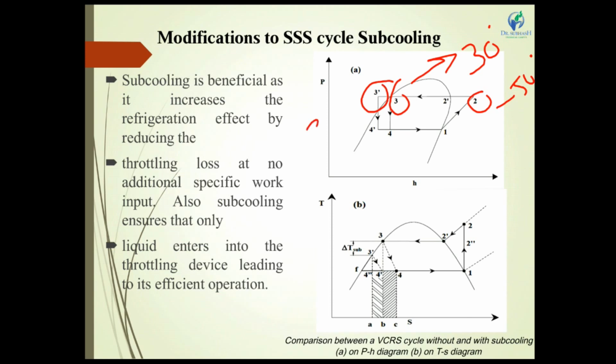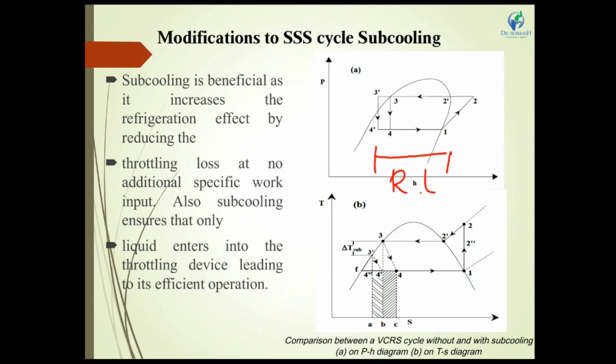As 3 dash we consider a 28 centigrade temperature, a 2 degree temperature drop during the subcooling process. It means that it gives a higher refrigeration effect in the evaporator, from point 4 to 4 dash, so we get the maximum refrigeration effect with the same compressor work. The liquid entering the throttling device leads to its efficient operation.